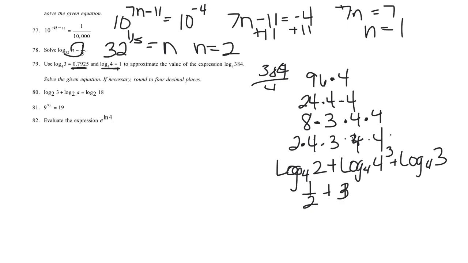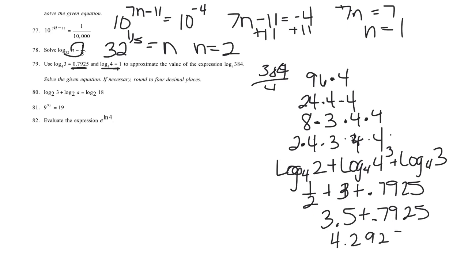The log base 4 of 4 cubed is 3, plus 0.7925. And I can add that all up. So 3.5 plus 0.7925 is 4.2925.